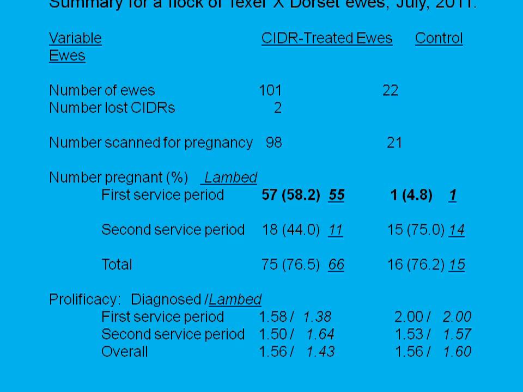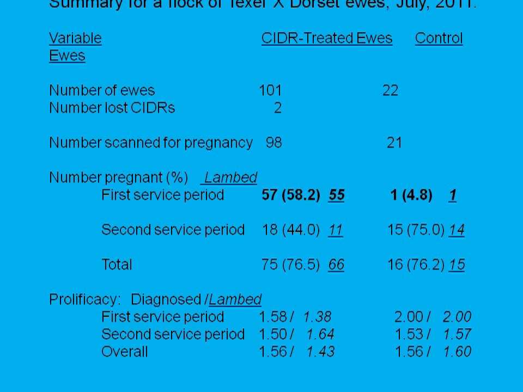And here we have overall 66 of the 75 that were diagnosed pregnant lamb and 15 of the 16. So overall, we've got a lamb crop of 1.43 here, 1.6 over here. And that relates to some of the ones that were pregnant with twins were ones that lost a few more in that particular case. Again, I'll talk about that in a minute in terms of where losses occur.